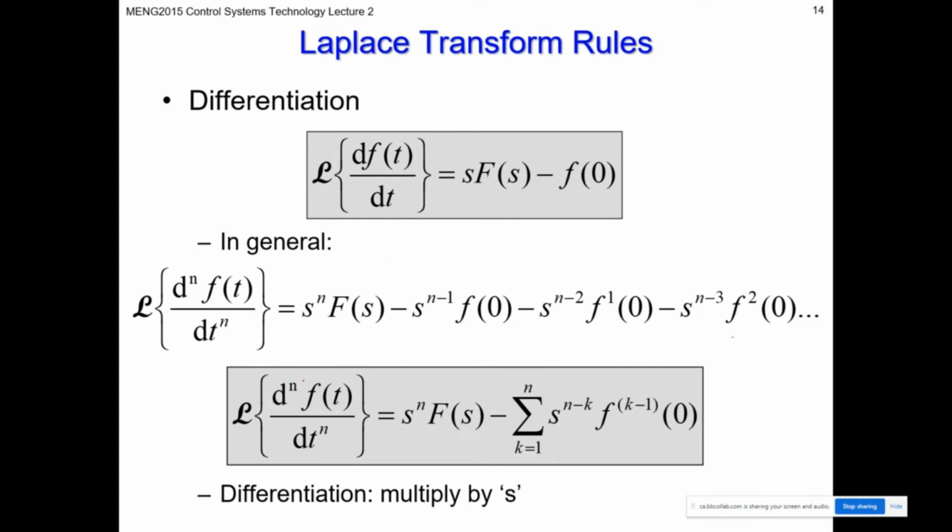So we take our f of t and we just take a Laplace transform to get f of s, right? So that kind of remains untouched. But to handle the derivative, that's where we get s multiplied by s to the power of n, n being the derivative that we're dealing with. Right? But then, as I said, we have this set of initial conditions which we have to take into account.